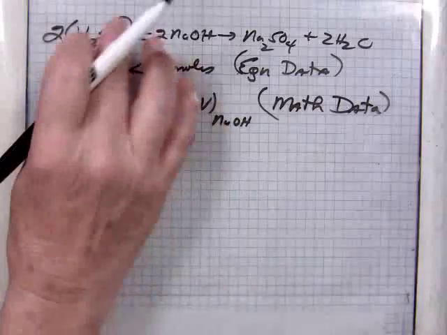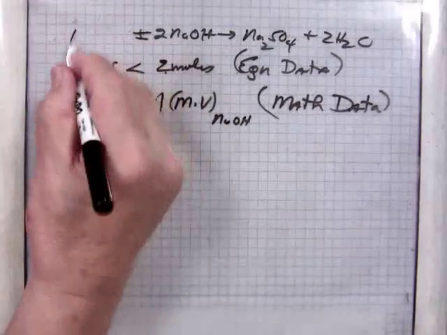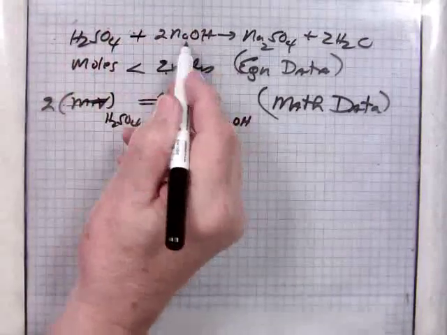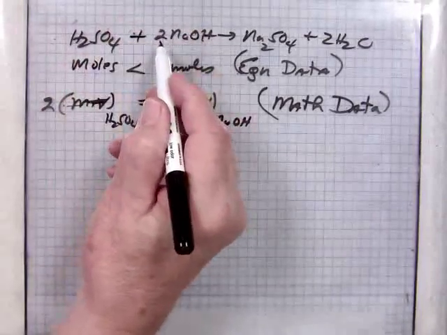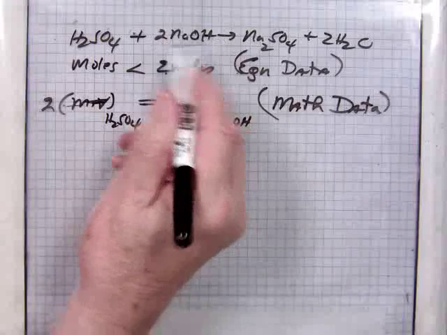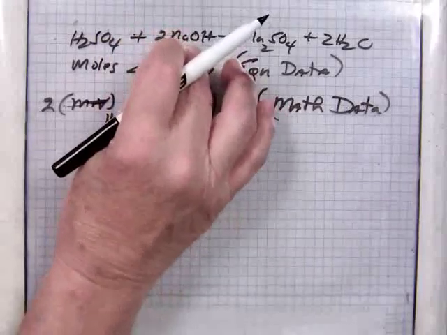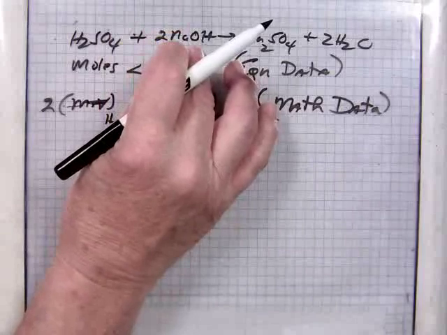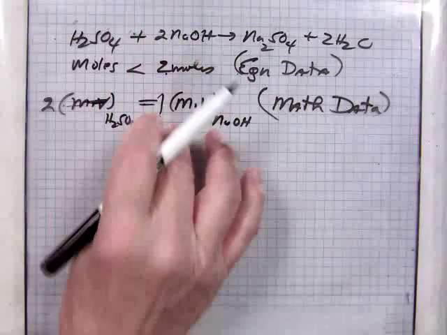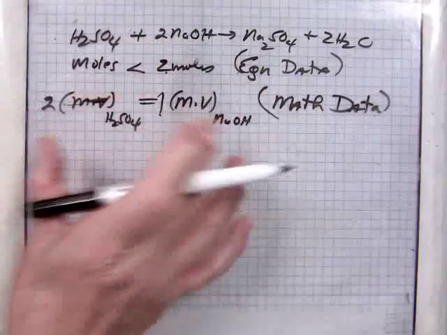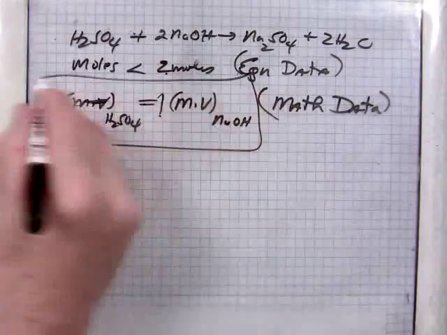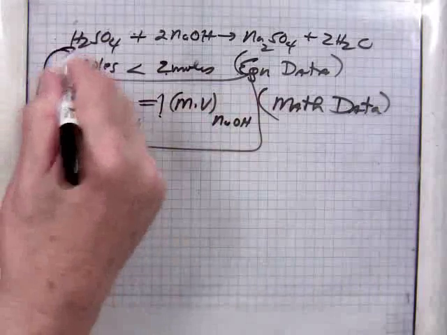And if I had H2SO4 like that, and if I want to set those equal, what would I have to do here? I'd have to cut that in half. What's half of 2? Okay? So that's why I say it's 1 there and 2 over here. Now you've got two things equal, and the data will fit that, but you have to swap the coefficients.